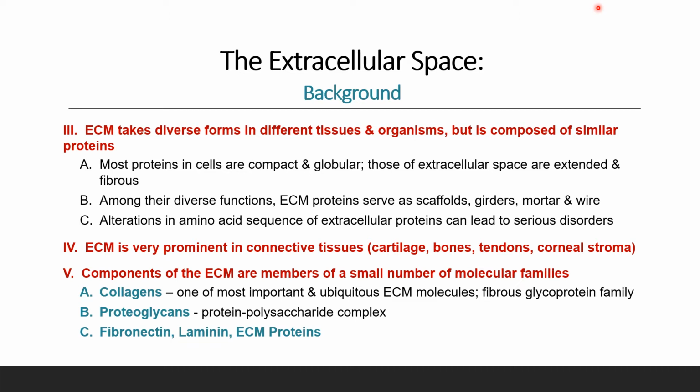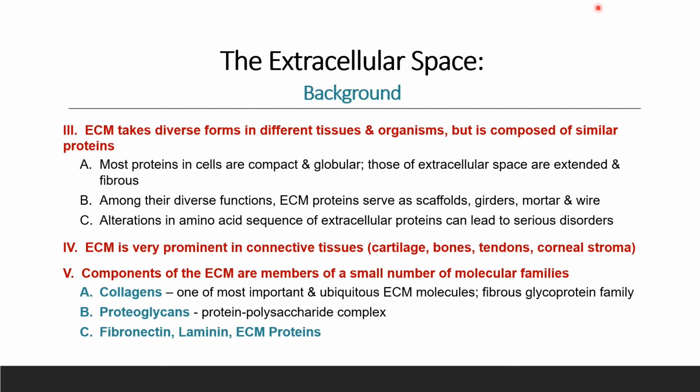So they are also considered as the girders. When you say girders, if you compare it to the construction of a house, these are the metal scaffoldings or the metal supports. And then when you say mortar, this is actually like the cement that holds those connections together.